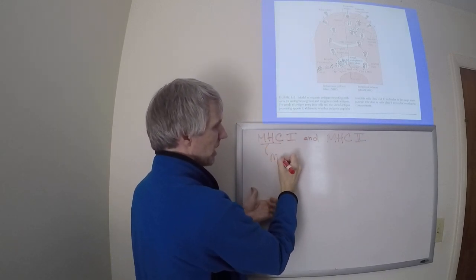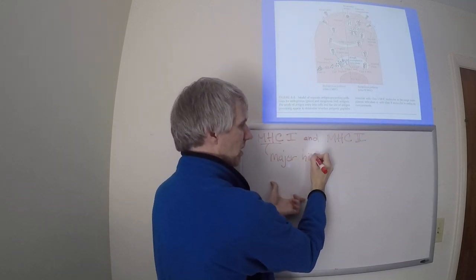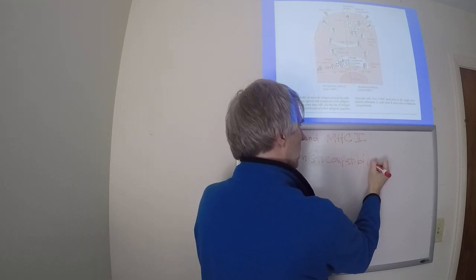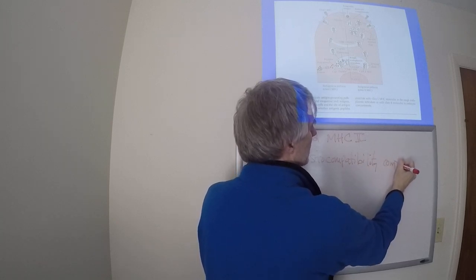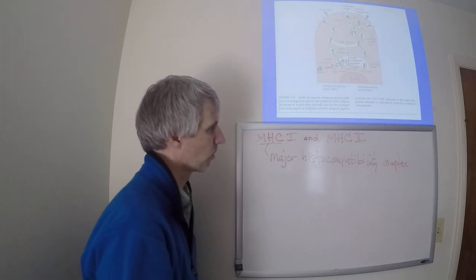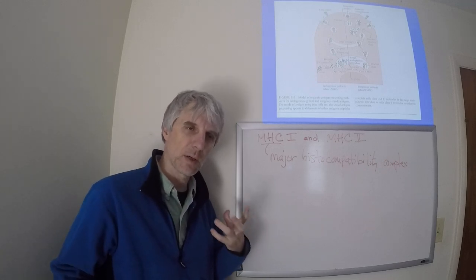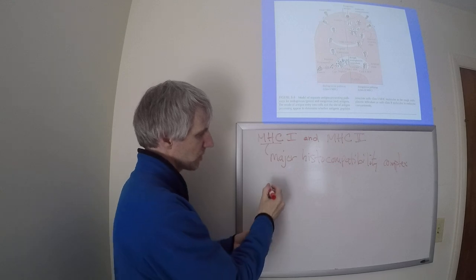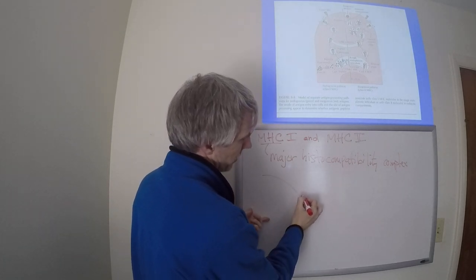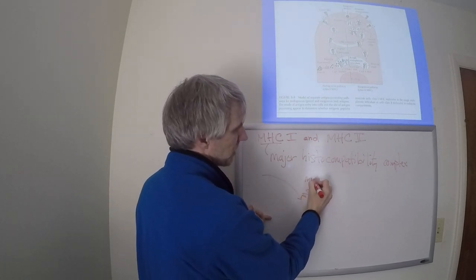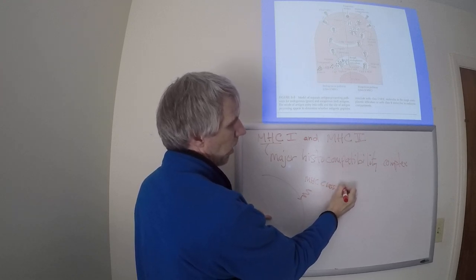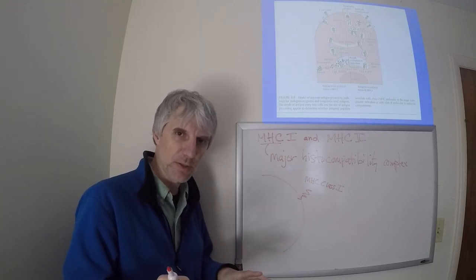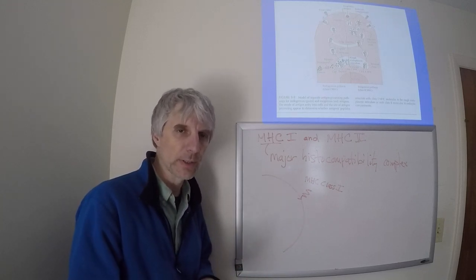So MHC is short for major histocompatibility complex 1 and major histocompatibility complex 2. The MHCs are proteins on the surface of cells. So here, let's say this is an MHC class 1 protein. All cells have major histocompatibility complex class 1 proteins.